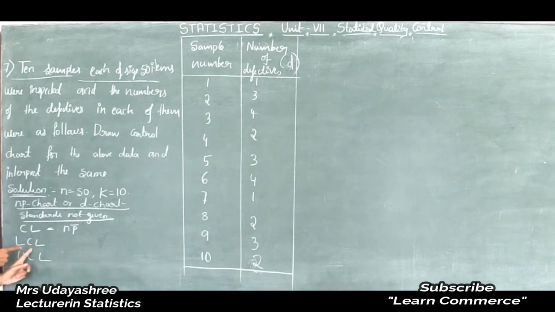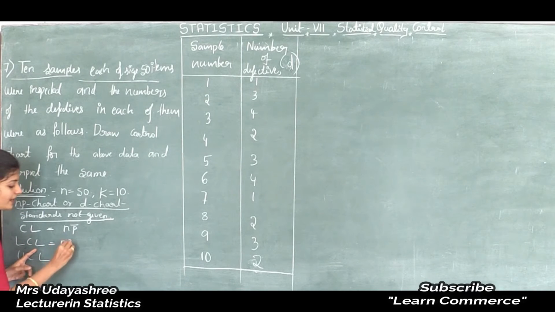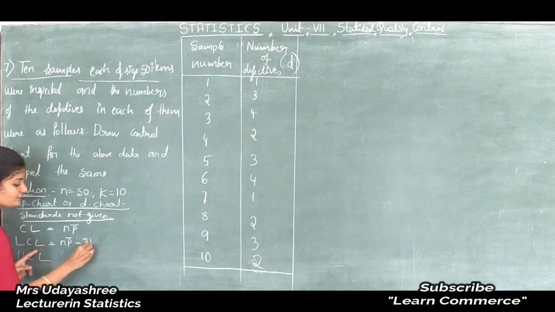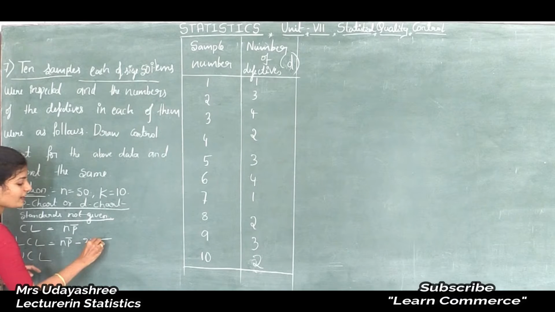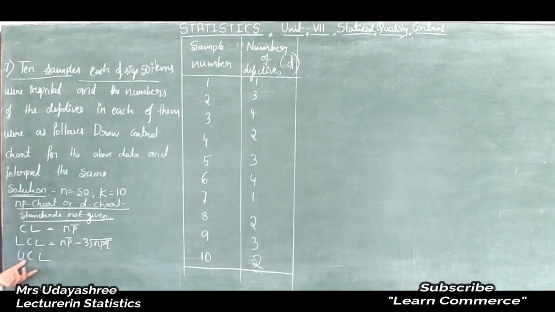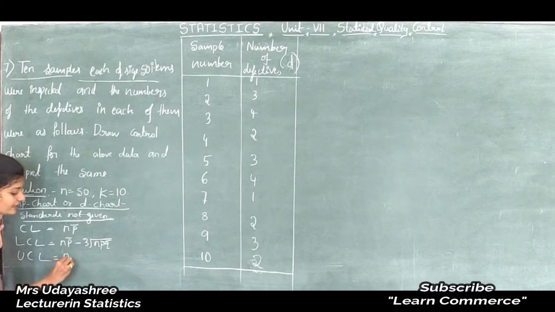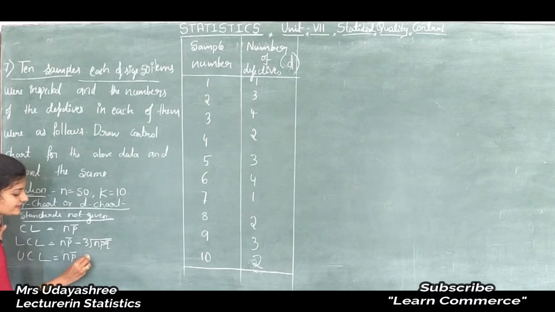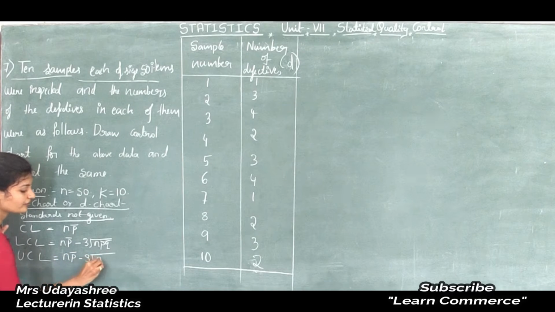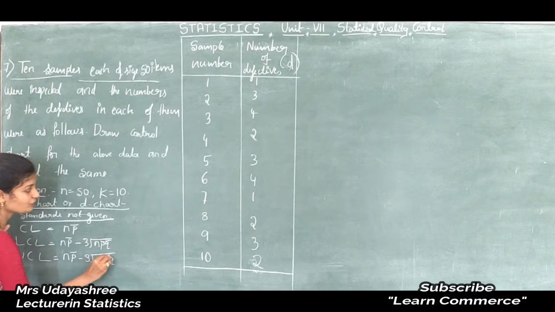To calculate the lower control limit, the formula is n P bar minus 3 into square root of n P bar Q bar. Like that, to calculate the upper control limit, the formula is n P bar plus 3 into square root of n P bar Q bar.